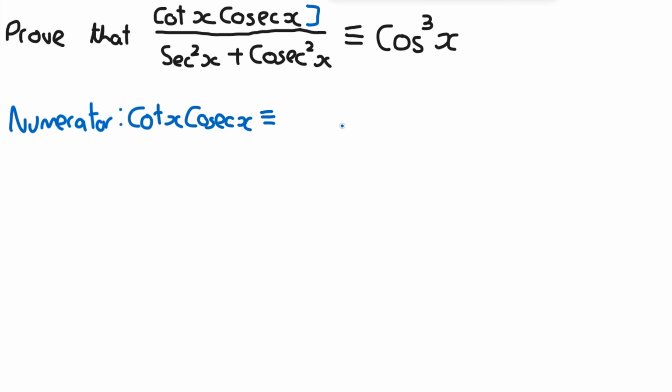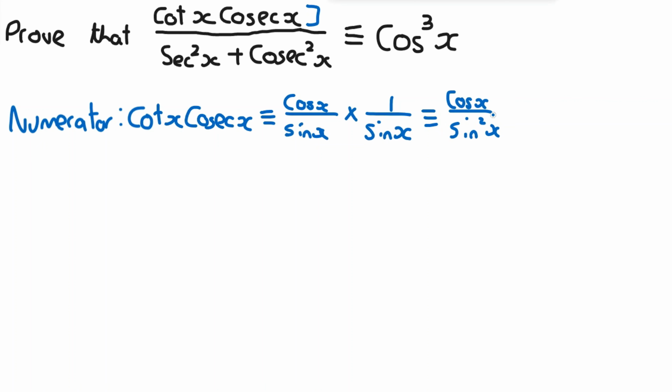So cot x is equal to cos x over sin x, and this is times by cosec x, which is 1 over sin x, like this. So this is equivalent to cos x over sin squared x, like this.